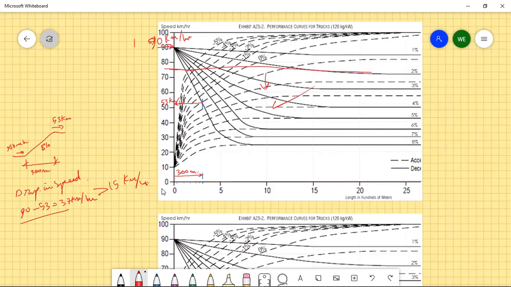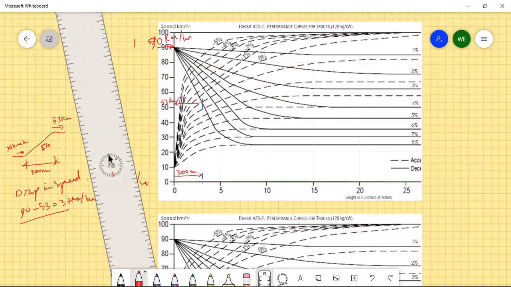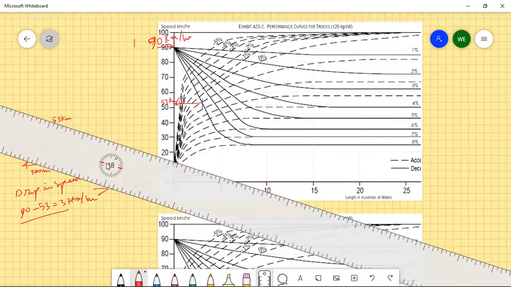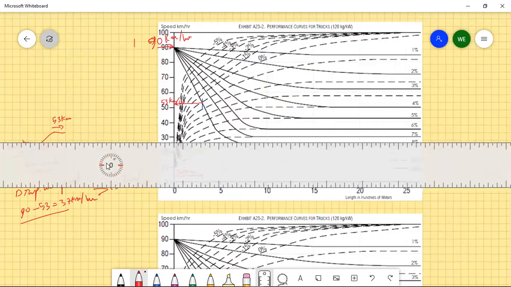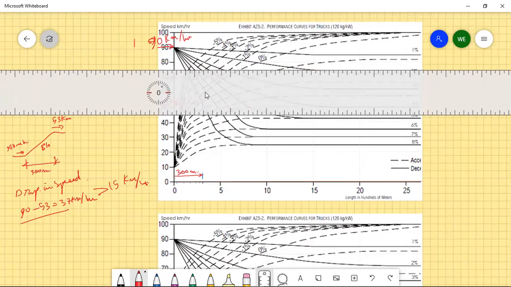Okay, so in this case we need to add a climbing lane. Let me just take this out. Let's put the ruler again. Now we agree that we need to add a climbing lane, but the question now is where to start the climbing lane.